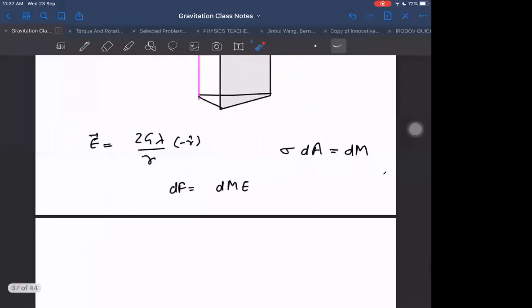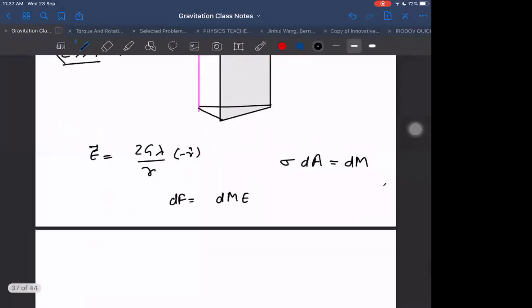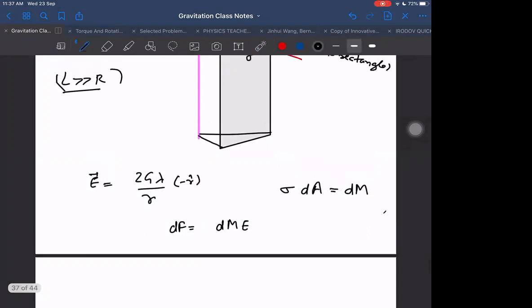Mass of this body, field of the other body. That is how we always do it. So d capital M into capital E.